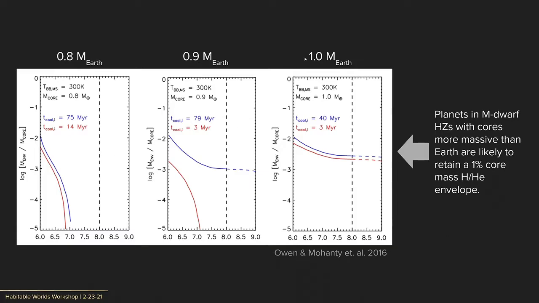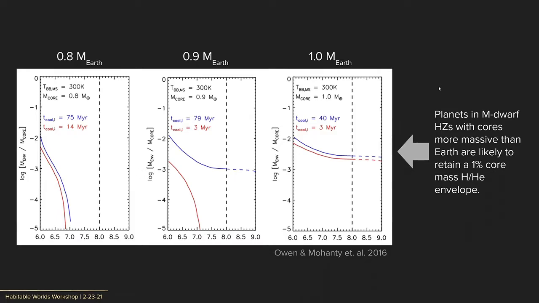So in this example that I'm showing here, they simulated a couple of different Earth mass planets with a hydrogen helium envelope that had a mass that's 1% of the core mass. And so we can see here that with a one Earth mass planet, the hydrogen helium envelope does decrease by a bit, but it is not completely lost by 100 million years. And at about 0.8 Earth mass, so 80% Earth mass, that hydrogen helium envelope does disappear over the course of about 10 million years.